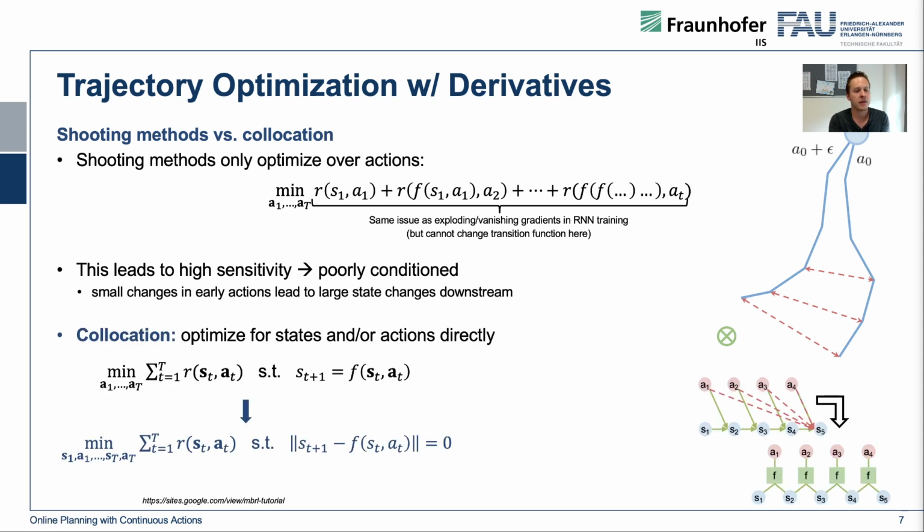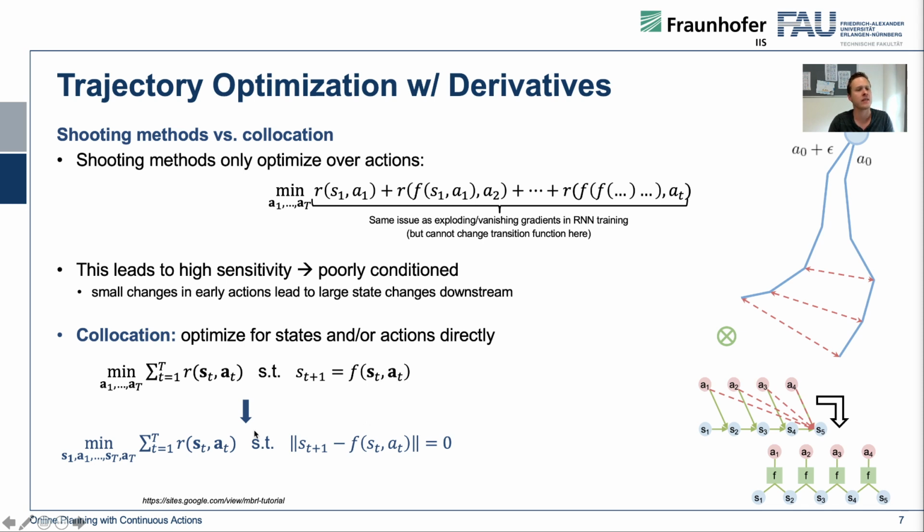And we can introduce the concept of collocation, which means that we optimize for states and or actions directly. So this is our original optimization objective. We want to maximize the reward such that the next state is the output of our forward model, so our model that predicts s t plus 1 from s t and a t.